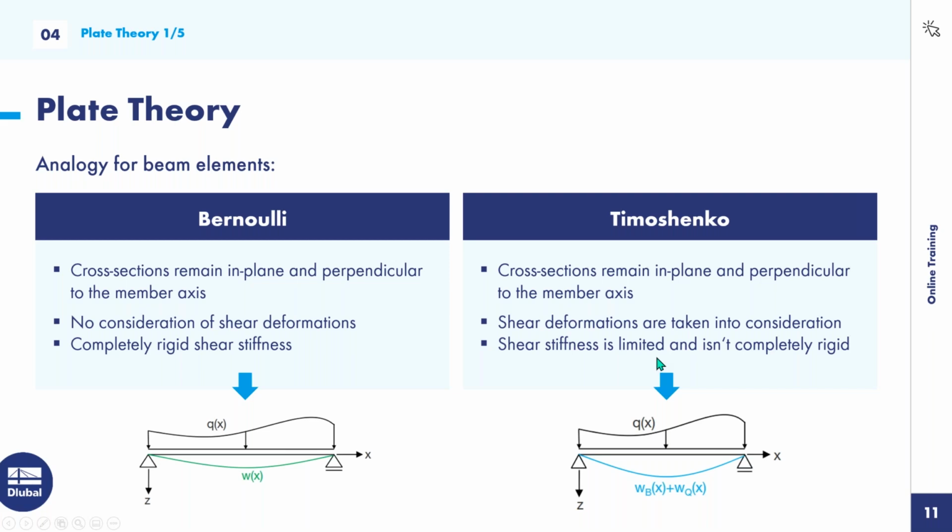So this is the more realistic approach. Also you can see down here that we're not only taking into consideration the deformations from bending, but also the deformations from shear as well.